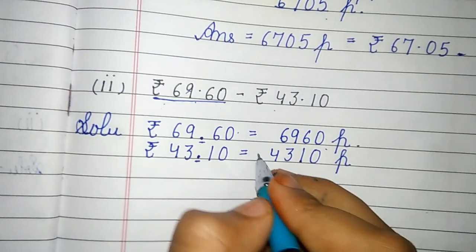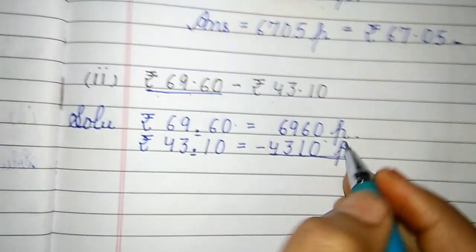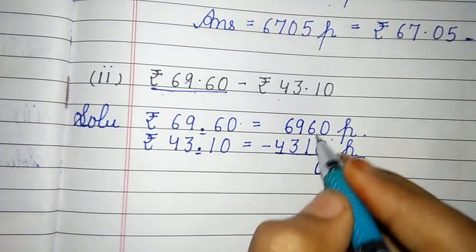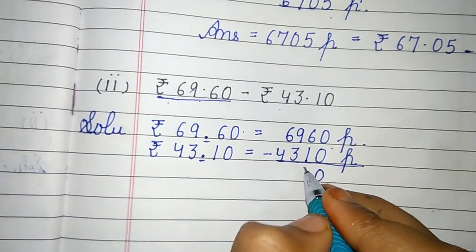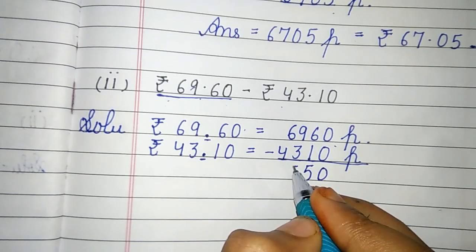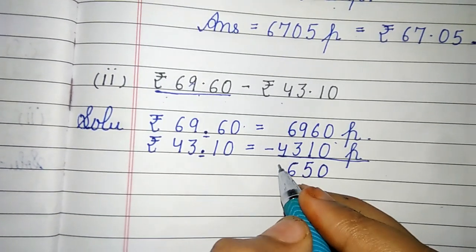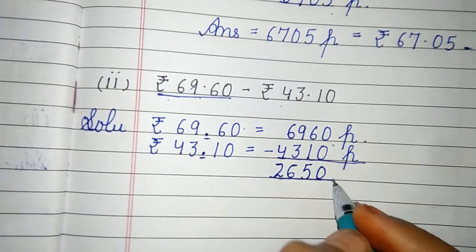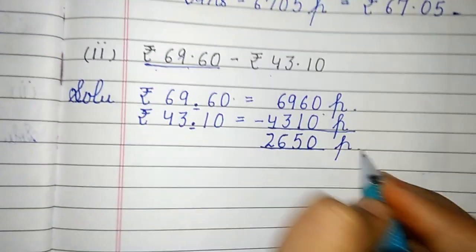Let's subtract. 0 minus 0 is 0. 6 minus 1 is 5. 9 minus 3 is 6. And 6 minus 4 is 2. 2,650 paise.